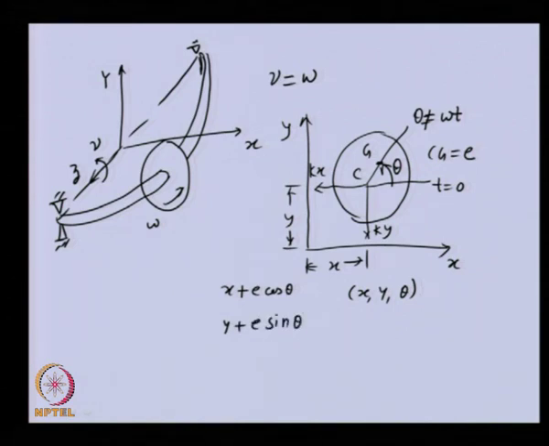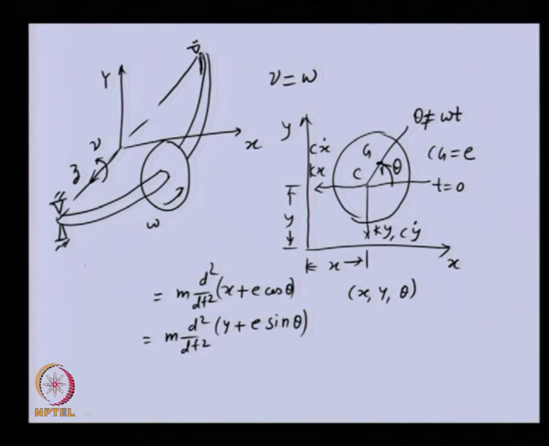So this is the position of the center of gravity, and if we differentiate this twice, that is the acceleration of the disk in the x and y directions, and if we multiply by mass, these are the inertia forces. Now we need to equate this with the external forces. If we have damping also in the system, we will have damping forces also along the x and y directions.